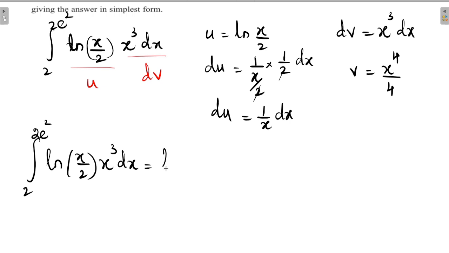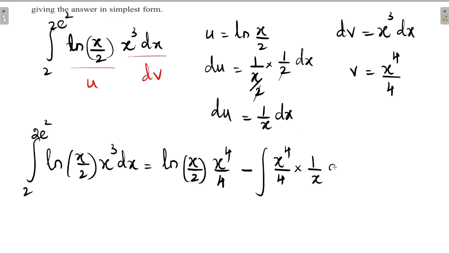So ln x by 2 into x power 4 by 4, uv, minus integral v du, that is x power 4 by 4 v, du into 1 by x dx. At the last we can apply the limit. Here one of the x will be cancelled, that is x cube.